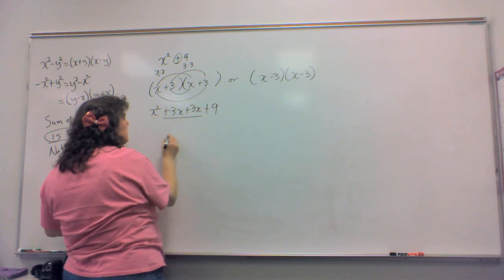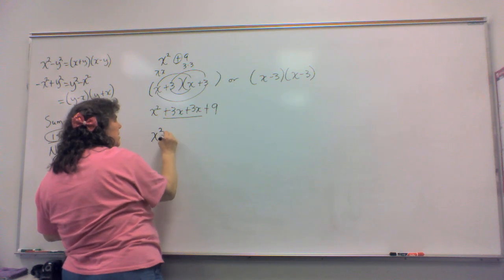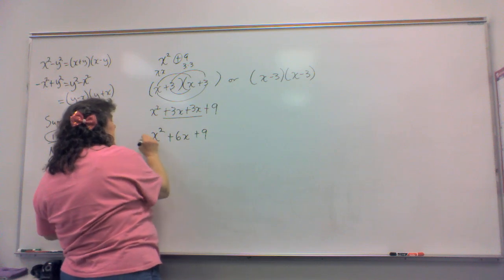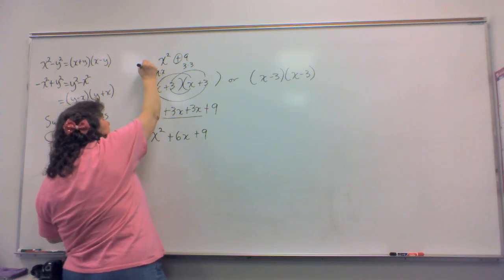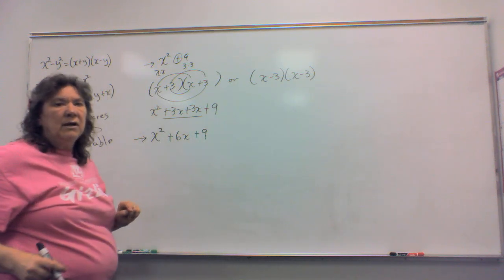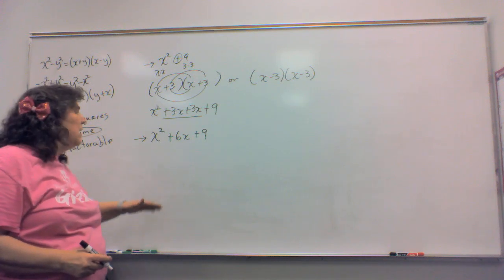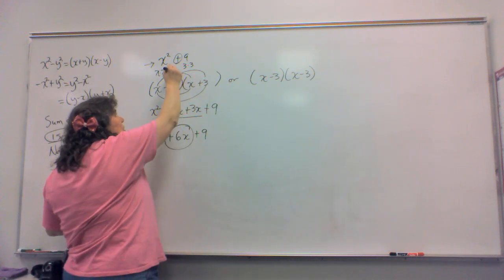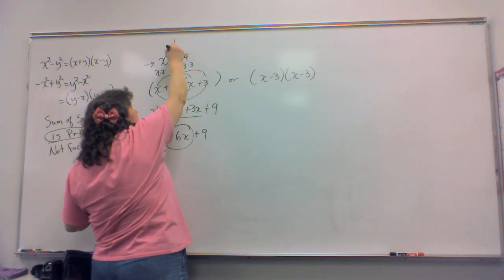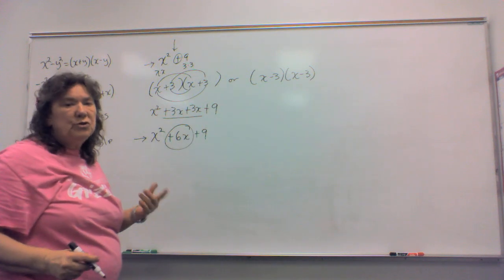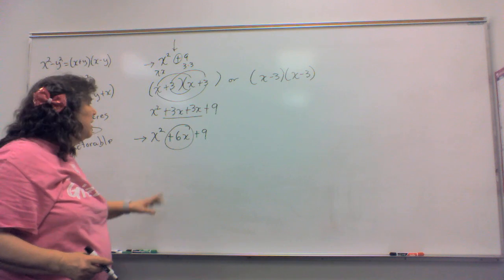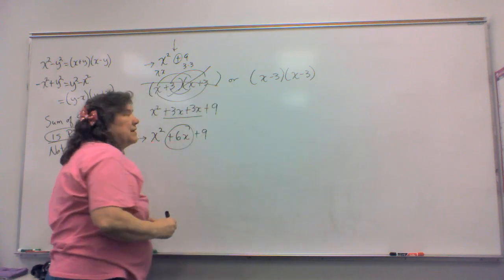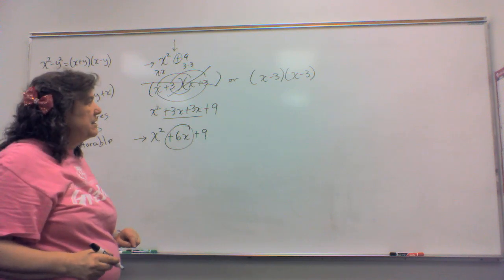Combine our like terms in the middle and we have x squared plus 6x plus 9. Is this the same thing that we started with? Well, no, it isn't, is it? Because this has a middle term here, plus 6x, which does not exist in this first two-term polynomial. Therefore, this is not the factorization of x squared plus 9.